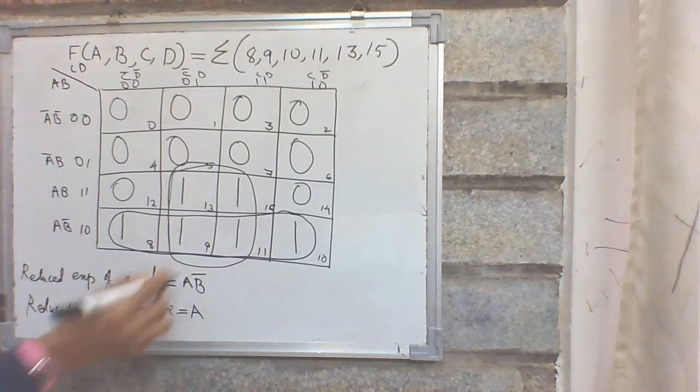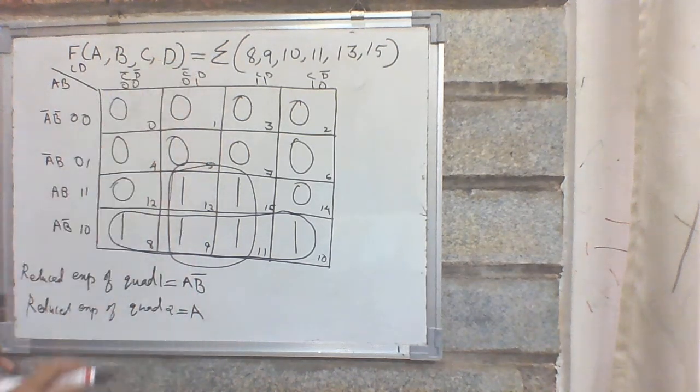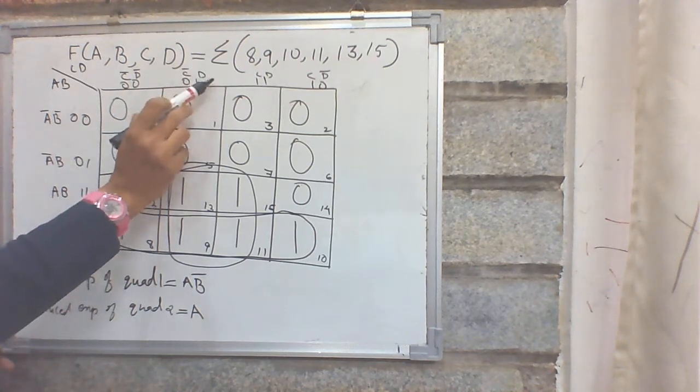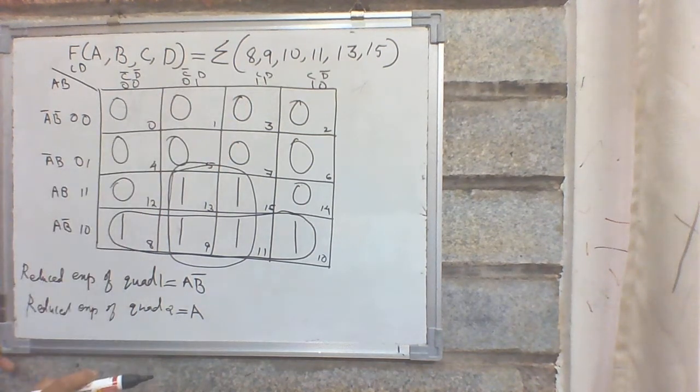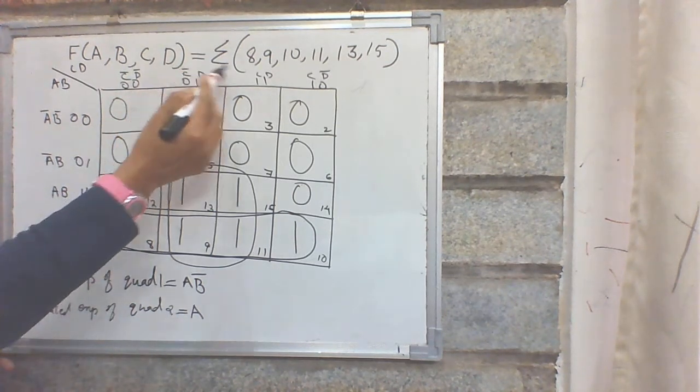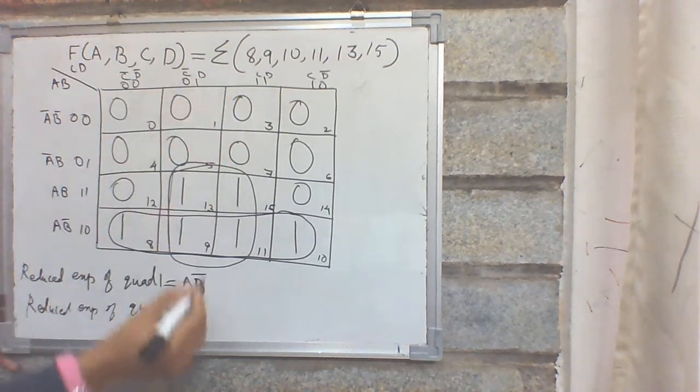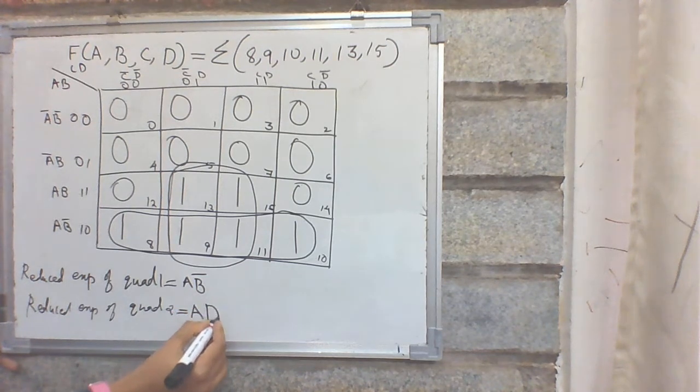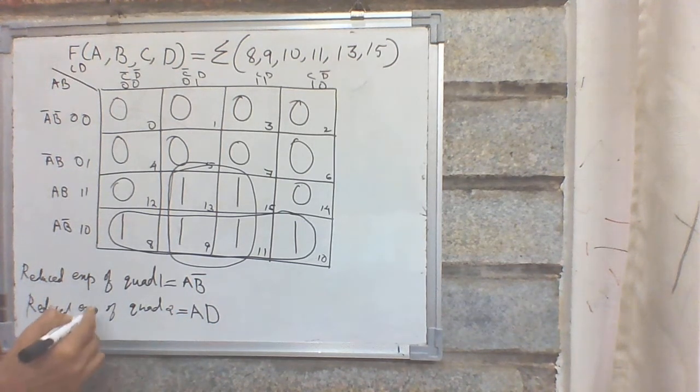Then check the top side. C bar D, here CD. Which variable is changing? C bar is changing to C. Remaining thing is D. So AD. The reduced expression of quad 1 is AB bar.